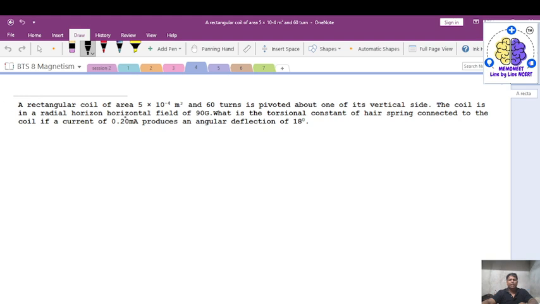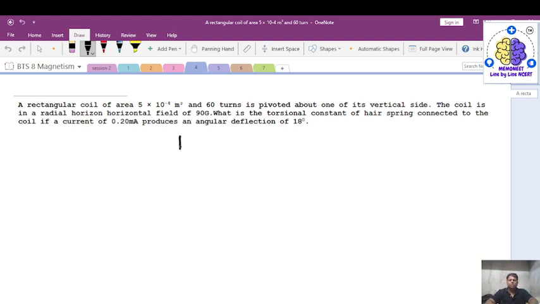It says a rectangular coil of area 5 into 10 to the power of minus 4 meter square and 60 turns is pivoted about one of its vertical sides. The coil is in a radial horizontal field of 90 G. G is Gauss, that is 1 Gauss is equal to 10 to the power of minus 4 Tesla, right?